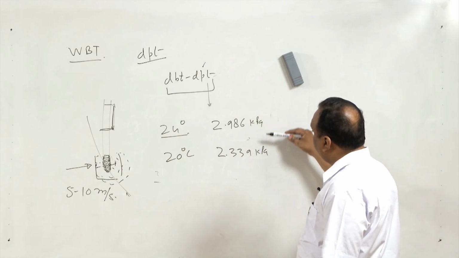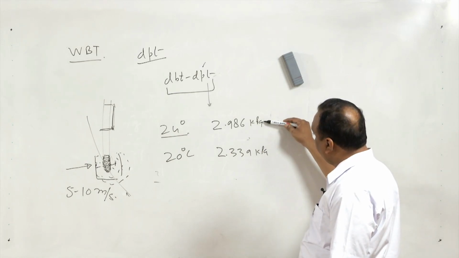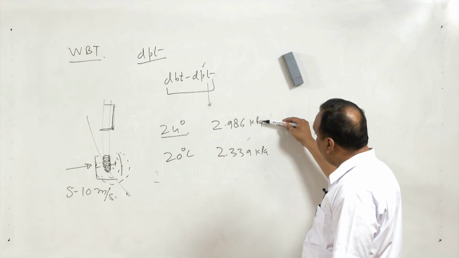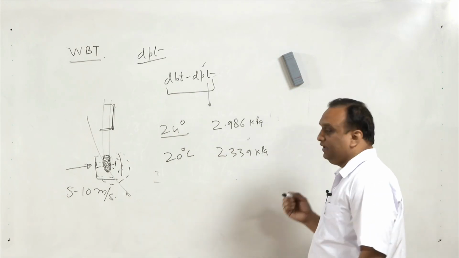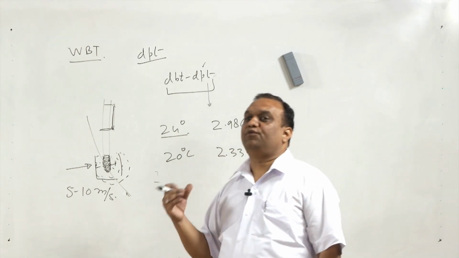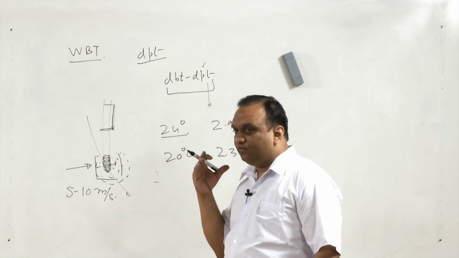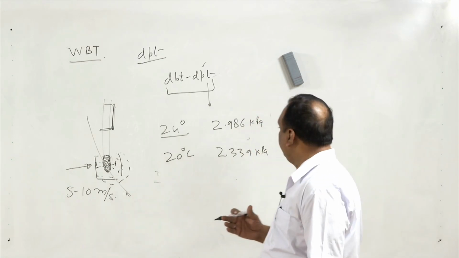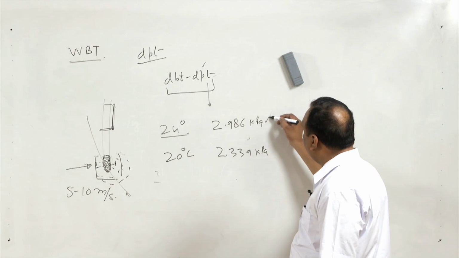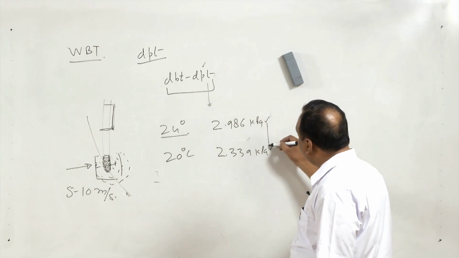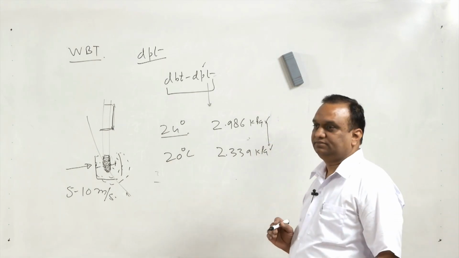Partial pressure is reducing, it means the amount of water vapor in the air is reducing.